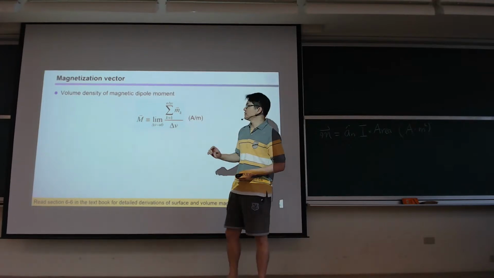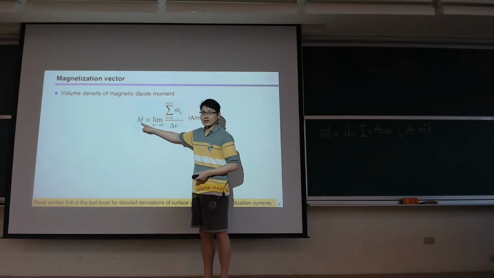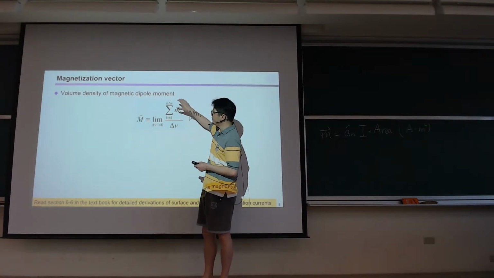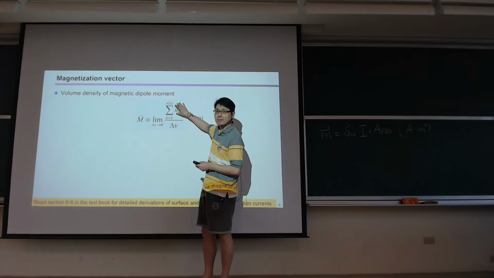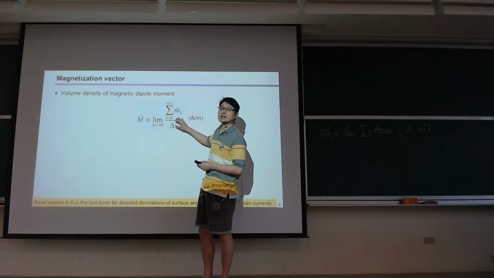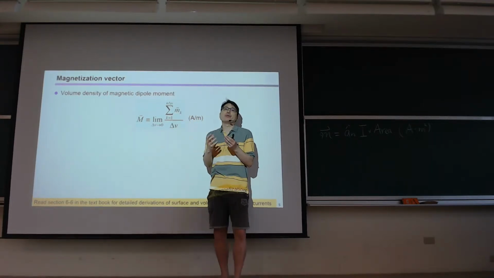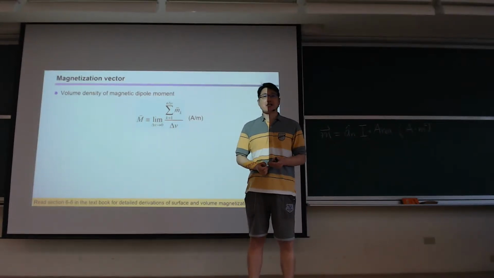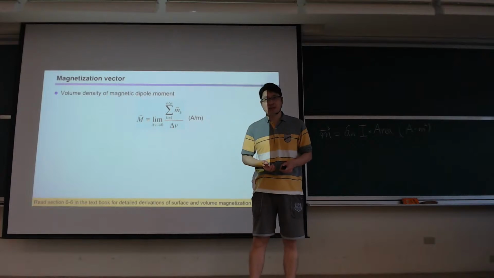Therefore, basically, the magnetization factor is just the sum of all the induced magnetic dipole moments within that small volume. So it's a volume density of the induced magnetic dipole moments.